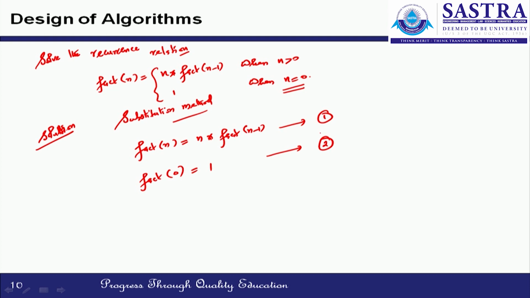Equation 1, right, is a recurrence relation because the same function name fact is occurring on both sides of the equation. Here fact, here fact. Here the actual parameter is n, here the actual parameter is n minus 1.